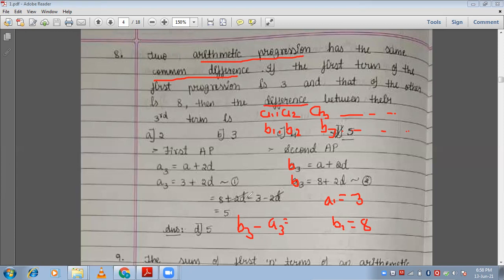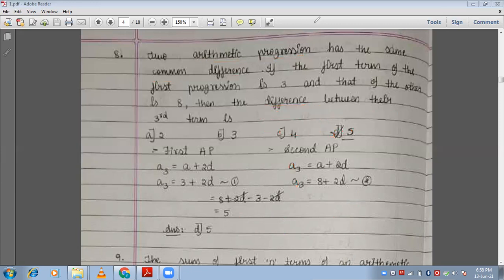The value of B3 is 8 plus 2D minus the value of A3, which is 3 plus 2D. When you multiply the minus inside, you will get minus 3 minus 2D. So plus 2D minus 2D gets cancelled. The final answer is 5. So which option is right? Option D is correct. Next sum.